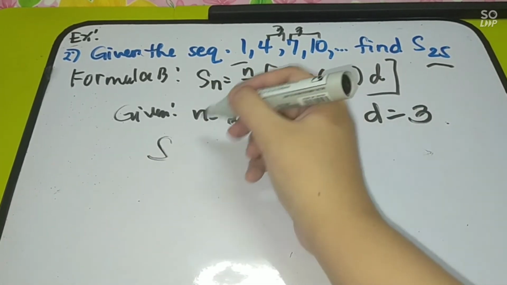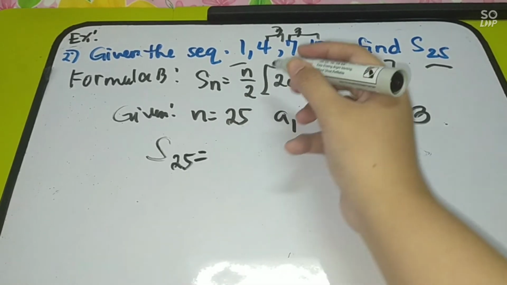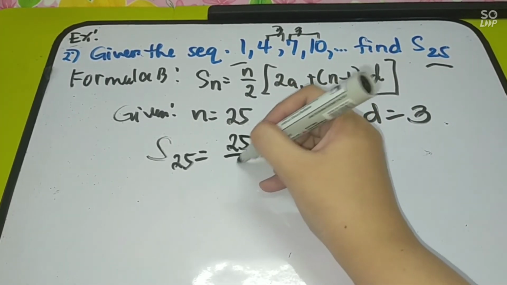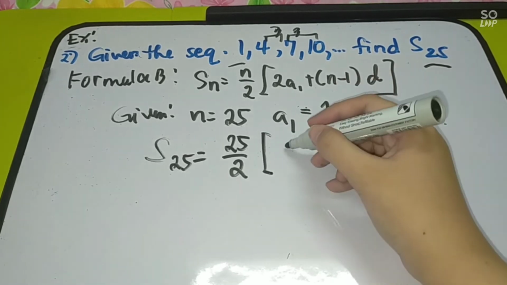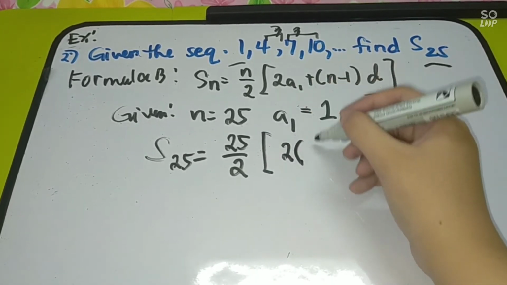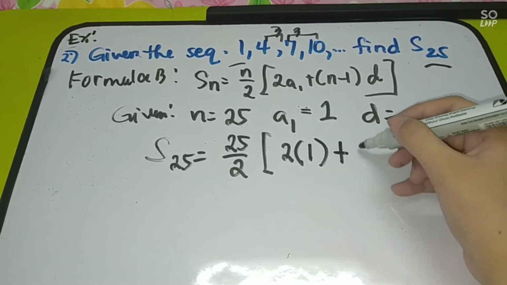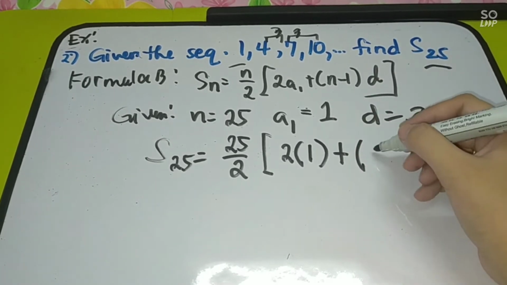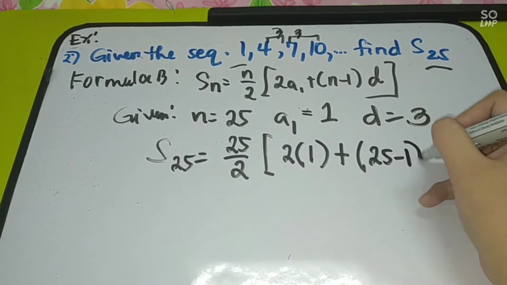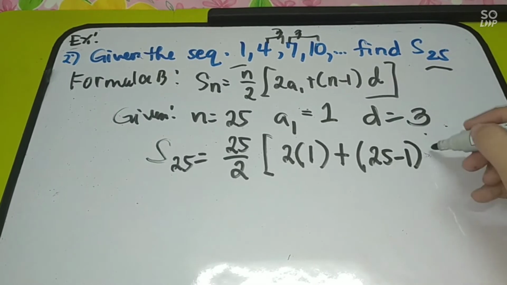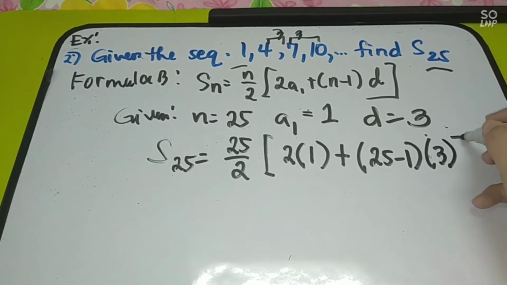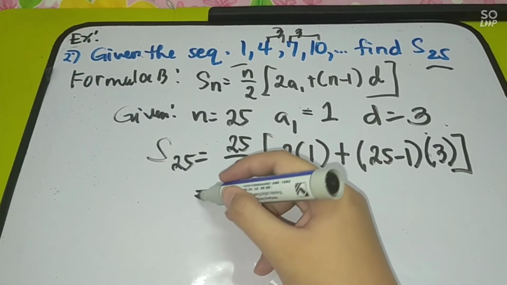So, S sub, change n into 25 is equals to 25 over 2 multiplied by 2 times your first term, we have here 1, plus your n is 25, then minus 1, then multiplied your d, that is common difference, which is 3. Then close. Then it is equal.